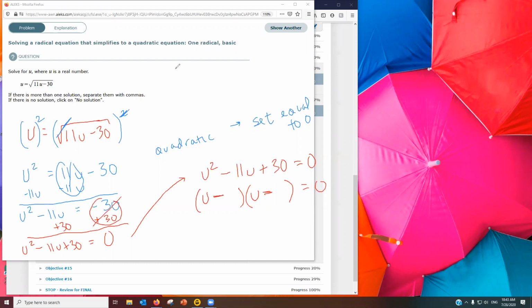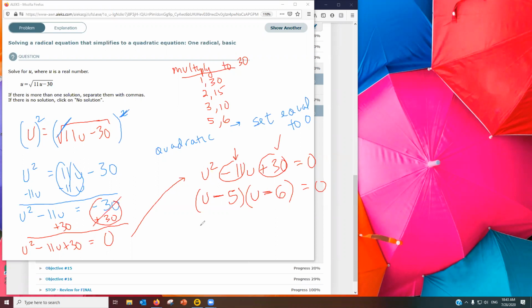So let me list out the possibilities. Here are numbers that multiply to 30: 1 and 30, 2 and 15, 3 and 10, and 5 and 6. It looks like 5 and 6 is going to do the job, right? Because if I add negative 5 and negative 6, I get this negative 11 here in the middle. And if I multiply negative 5 times negative 6, I get 30 there.